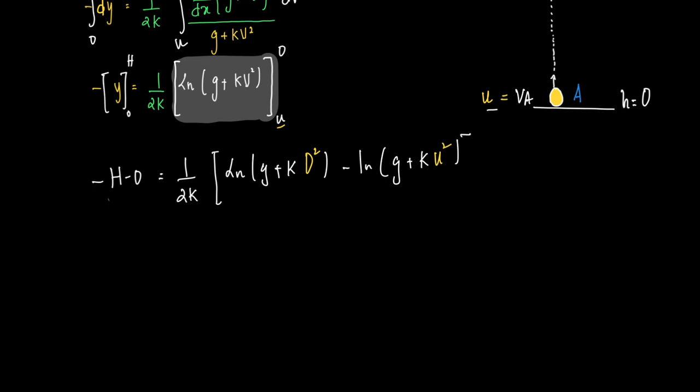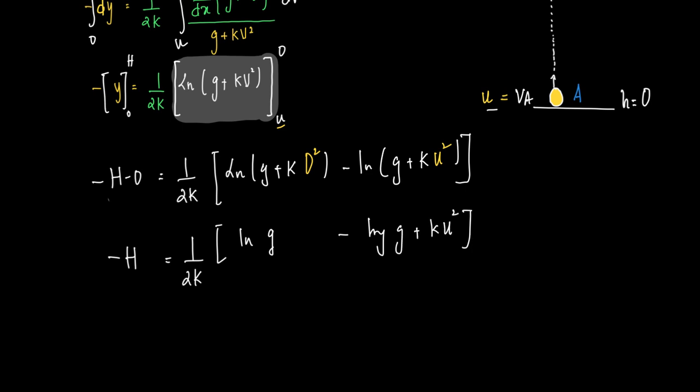Okay. So this is minus h is equal to 1 by 2k times, k into 0 is 0, so we can write ln g minus ln of g plus ku square, right?